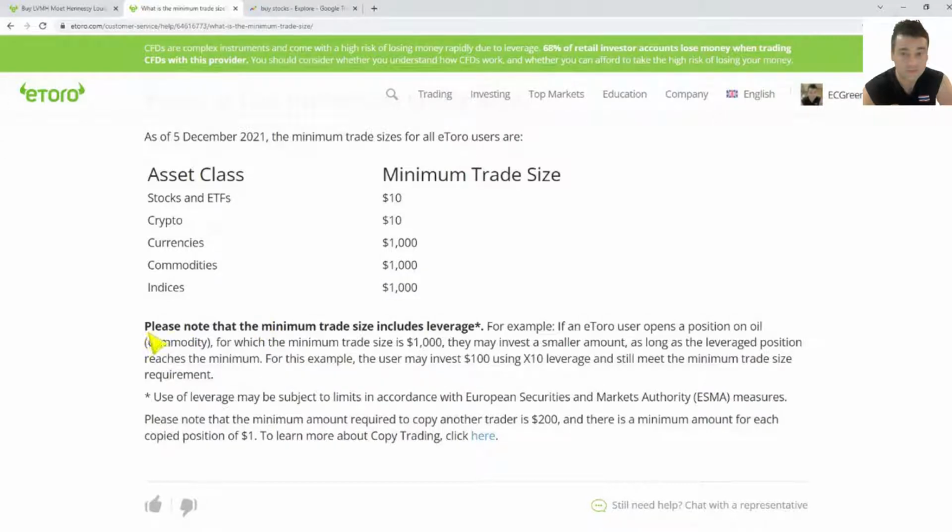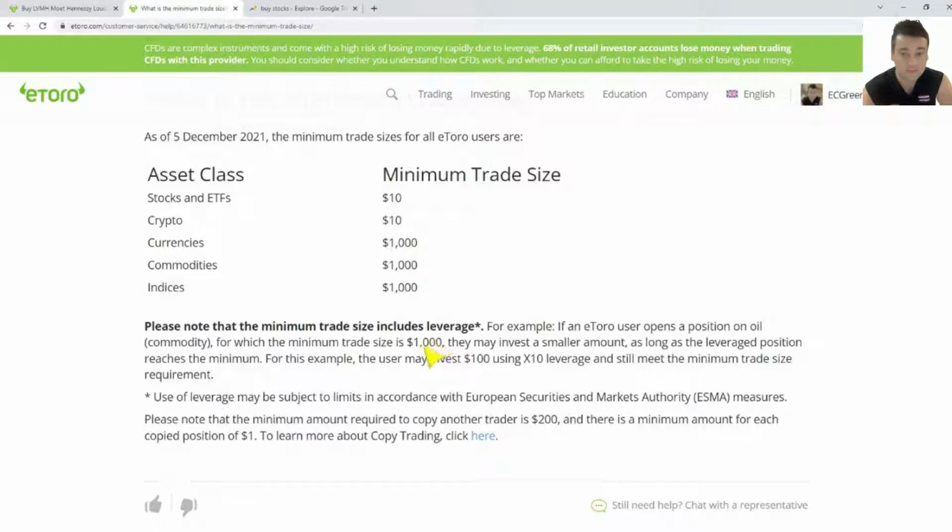Okay, so the minimum trade size also includes leverage. Leverage I would not recommend for beginners. I don't use leverage anymore because it has a high risk of losing money. I'll show you some examples. But if you use leverage, you can make a trade size of $10.